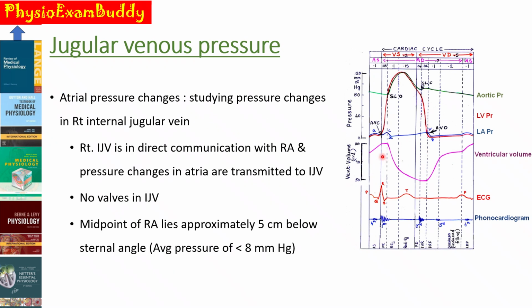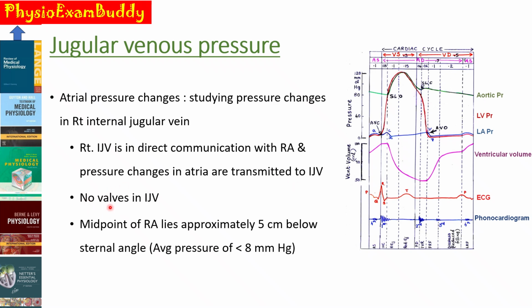This discussion of pressure changes in the atria is not complete without explaining the jugular venous pressure. The atrial pressure changes can be studied by studying the pressure changes in the right internal jugular vein. The reason for this is that the right internal jugular vein is in direct communication with the right atrium, and the pressure changes in the atria are transmitted to the internal jugular vein.